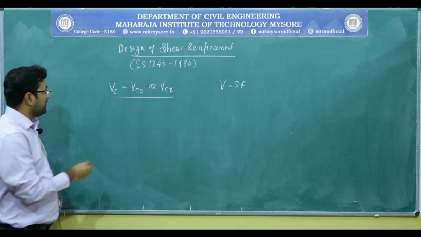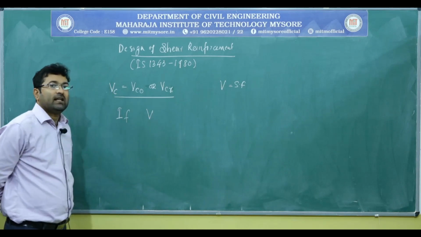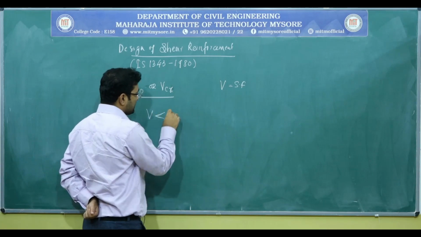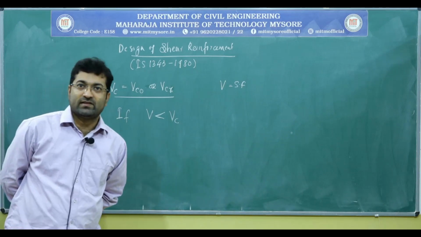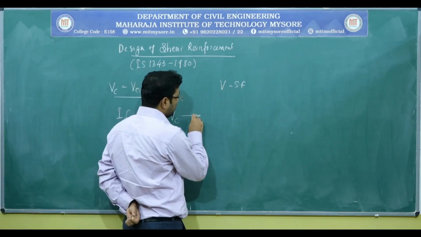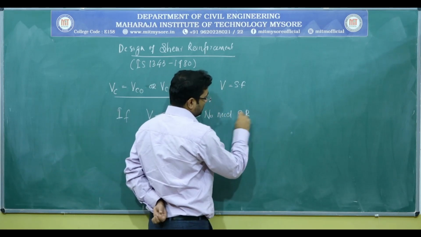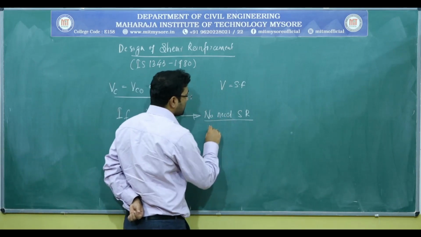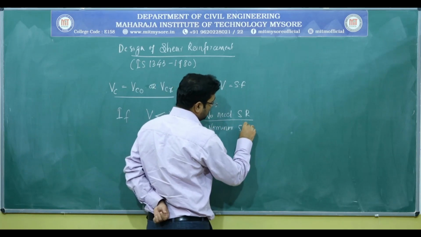If the actual shear force in the beam is less than Vc, that is the ultimate shear resistance capacity of the concrete, then there is no need to provide the shear reinforcement, but still we provide the nominal shear reinforcement.